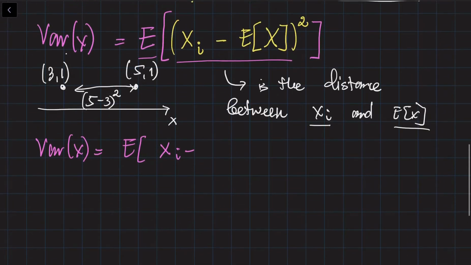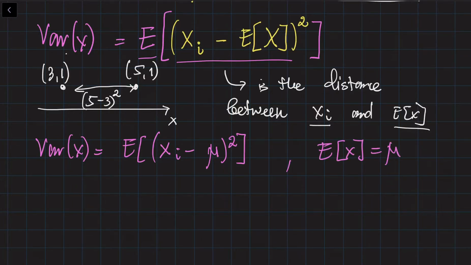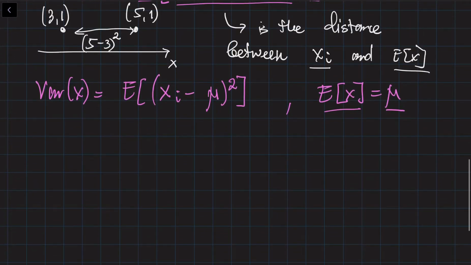It's a constant. It doesn't depend on the x anymore. So please note that E of x is mu, the average value. You can denote E of x as mu, and vice versa, mu can be denoted as E of x. In both cases, they mean the same thing.